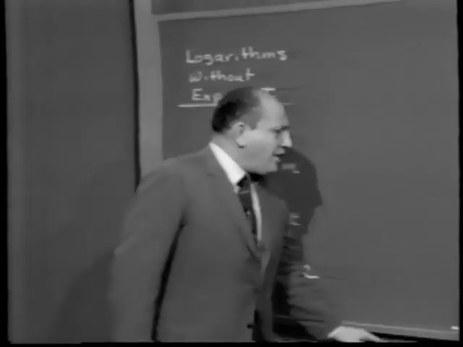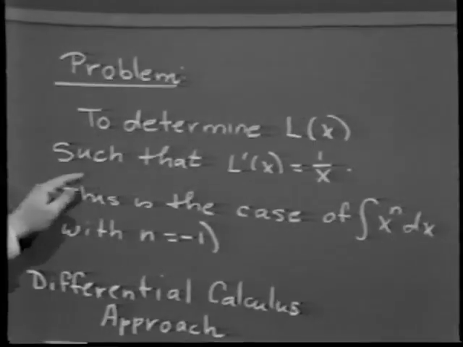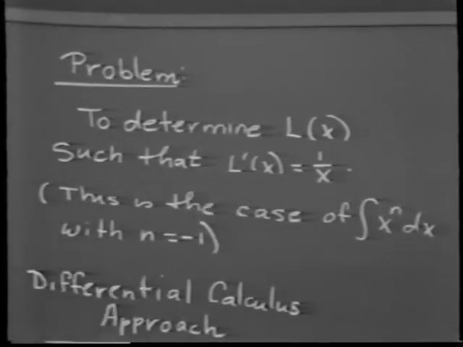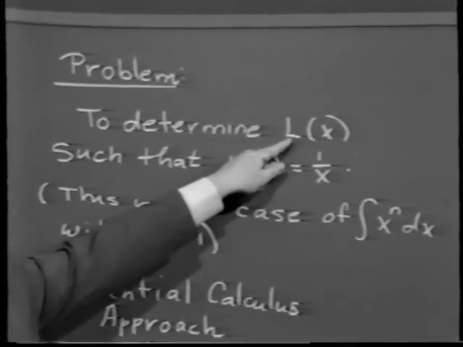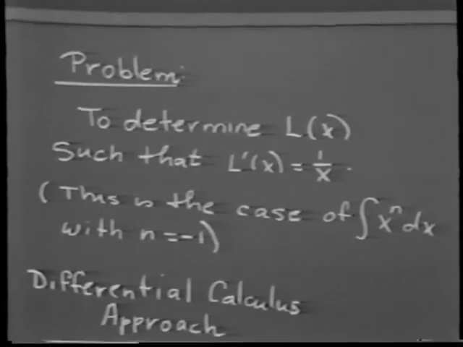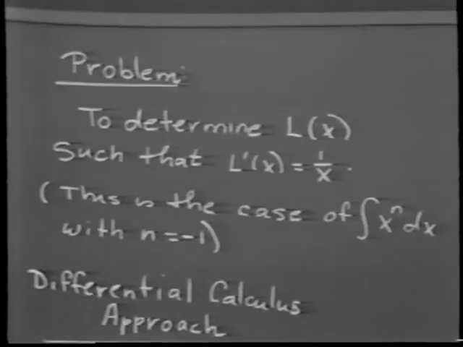At any rate, focusing our attention on the problem, the question is this. To determine a function which I'll call capital L of x, the L sort of to forewarn us of the fact that we will somehow get a logarithm out of this, such that L prime of x is 1 over x.